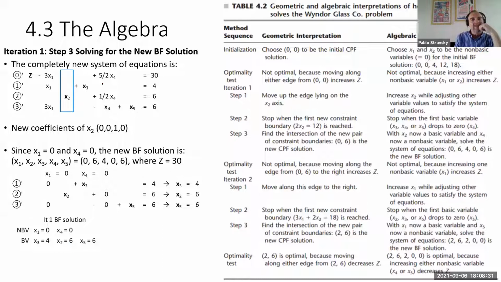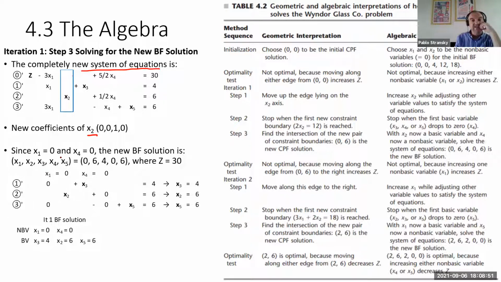And we got our completely new system of equations. And we got here 0, 0, 1, 0. That's what we were looking for. Our new coefficients for x2, the new pattern.